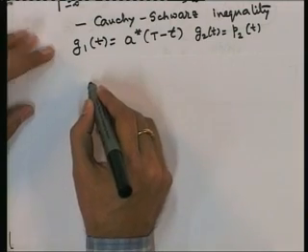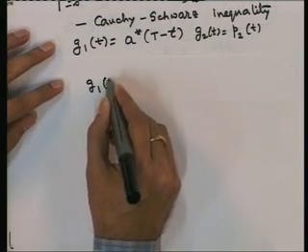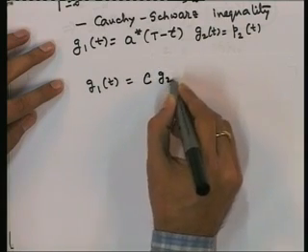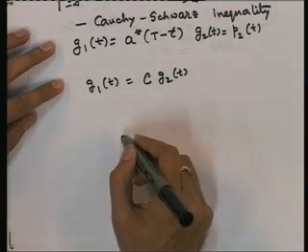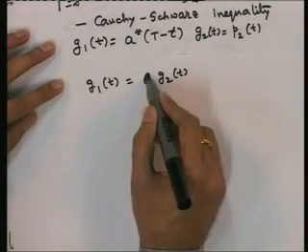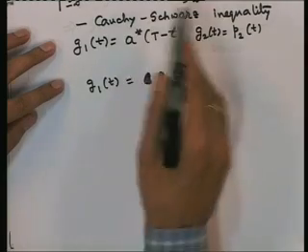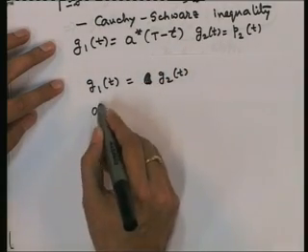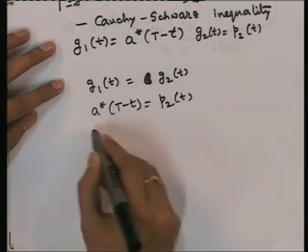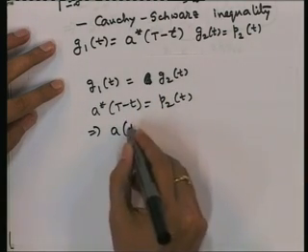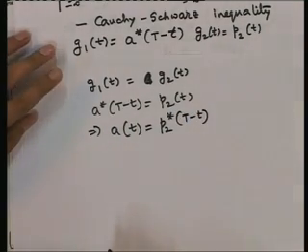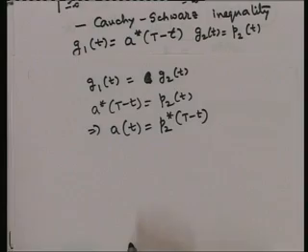So if we say G1(t) is some constant C times G2(t), then without loss of generality we can take just equality also, and the equality will hold. So what will that mean? A star (T minus t) is P2(t). That will mean that A(t) is P2 star (T minus t), and that is the matched filter.